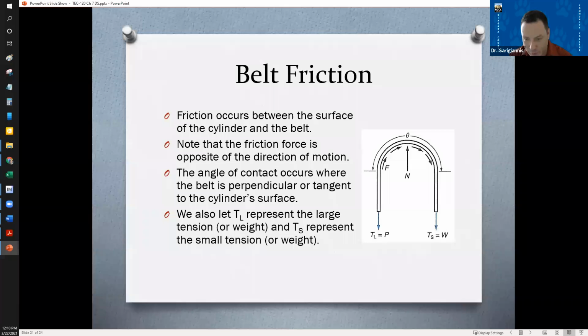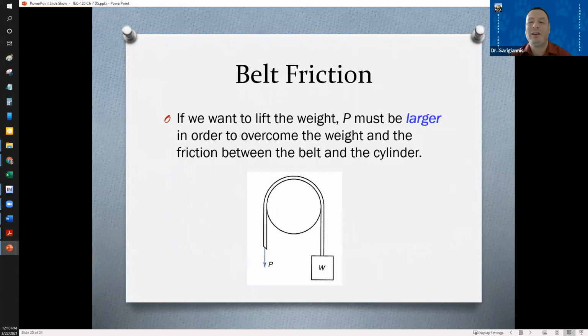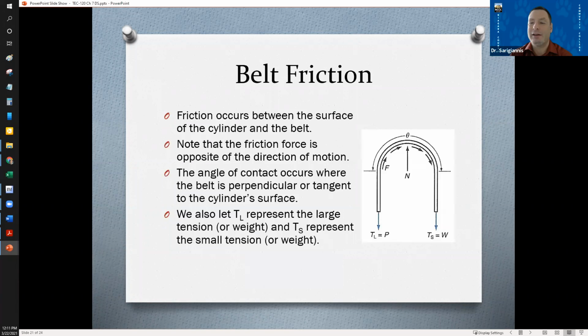So this is the scenario where we want to lift the weight. So you got to be careful. The example we just did is keeping the weight from falling. If we want to lift the weight, now our motion is in the other direction. Our large tension is the force we're applying, and our small tension is now the weight, because now we want to pull this way, and friction is going to oppose our motion to lift the weight.